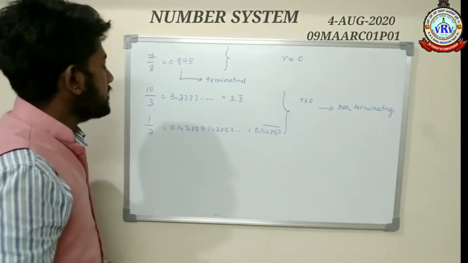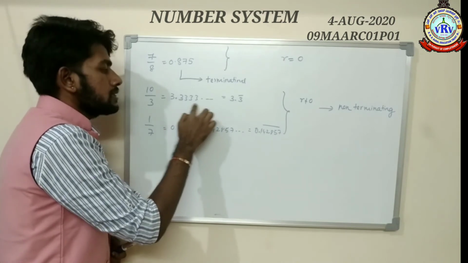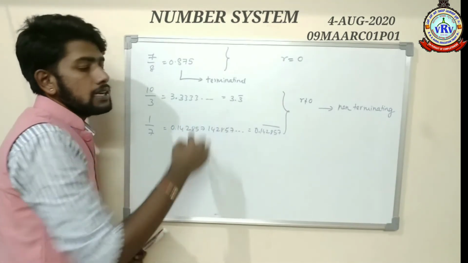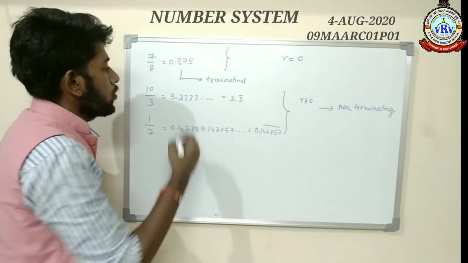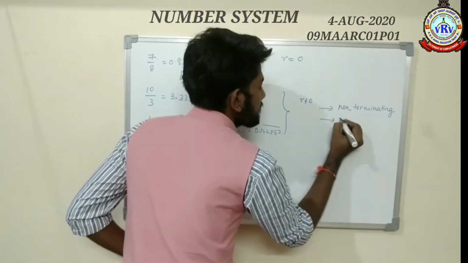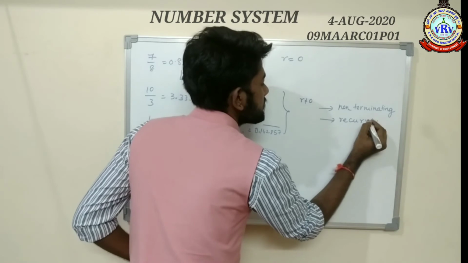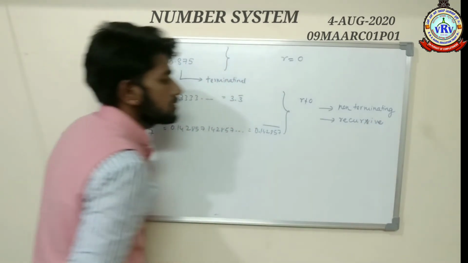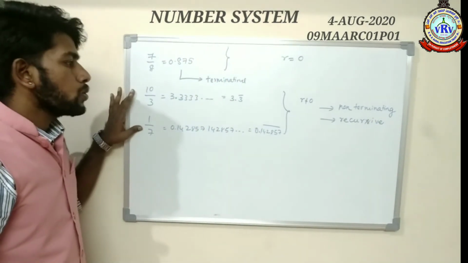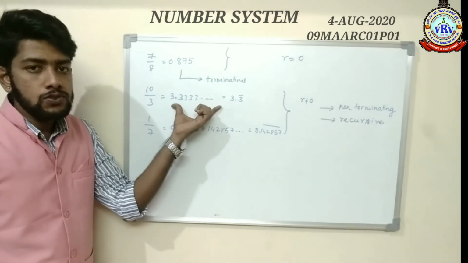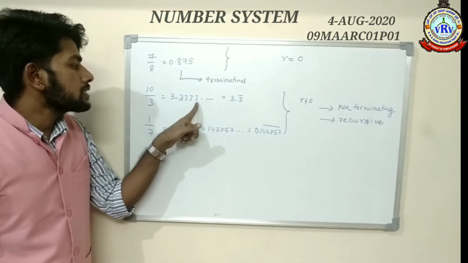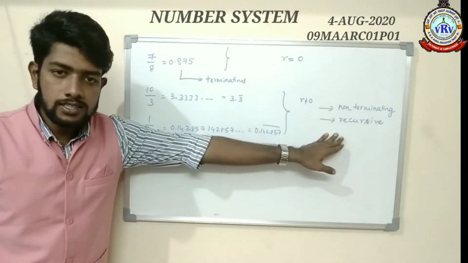But here the number 3 is repeating infinitely, so it is recursive. These two are non-terminating, which won't end, but the number 3 is repeating, so it is recursive.